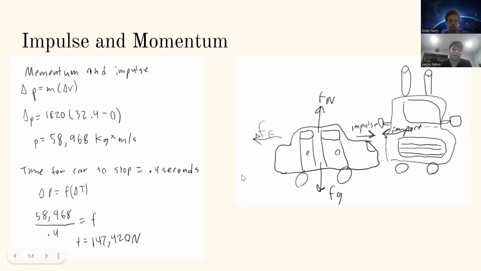When we divide the momentum by the change in time, we find that the force enacted on the car was 147,420 newtons, which makes sense because there was large damage and the car was no longer able to run after it crashed. Here you can see the free body diagram. It has both the impulse going towards the truck and the truck's force pushing back on the car when it collides.